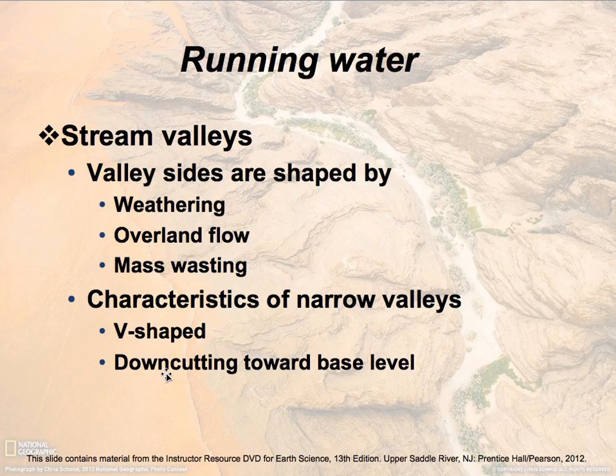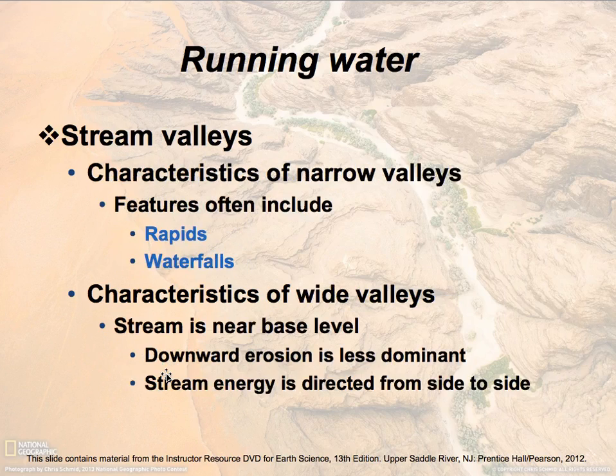Narrow valleys are typically V-shaped. Active erosion is taking place as streams move down toward base level. They often include rapids and waterfalls, areas of high velocity, high bed load, high suspended load, and reasonably high dissolved load waters.